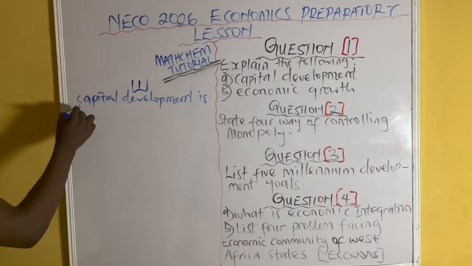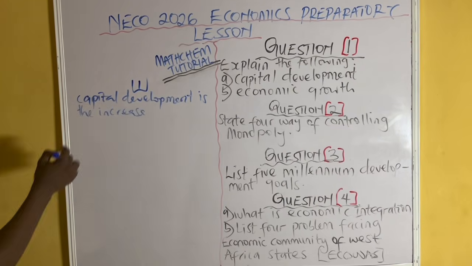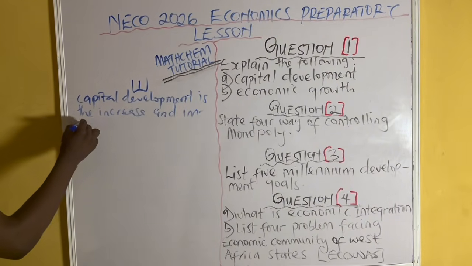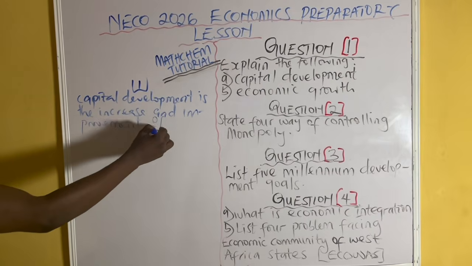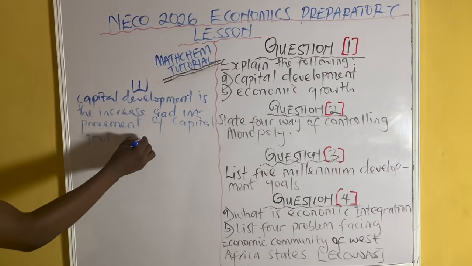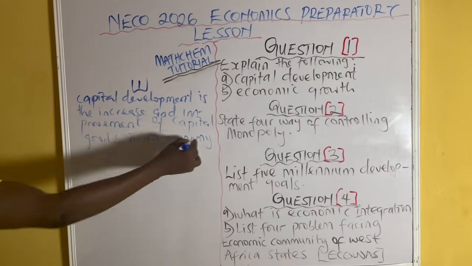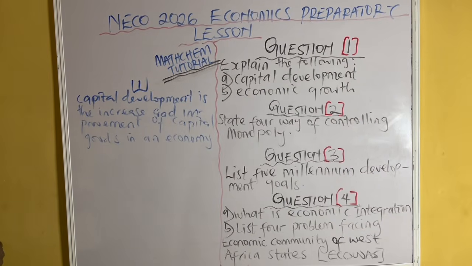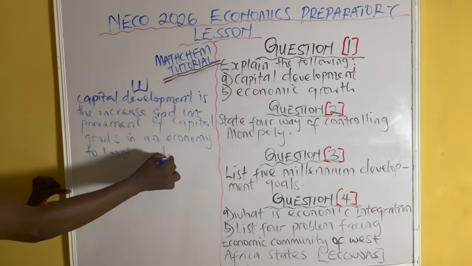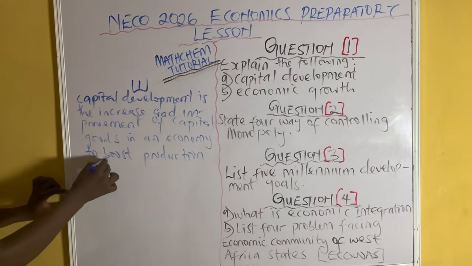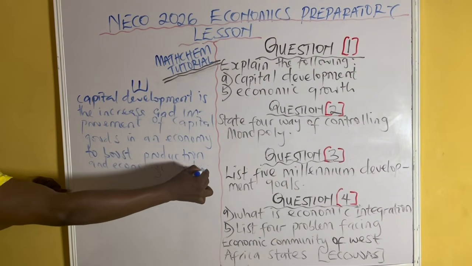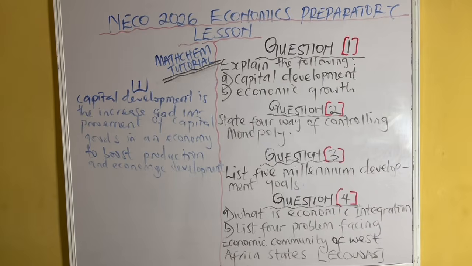So capital development is the increase and improvement of capital goods in an economy to boost production and economic development. Yeah, so that is what capital development is all about.